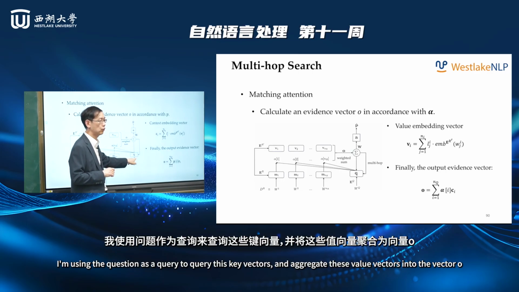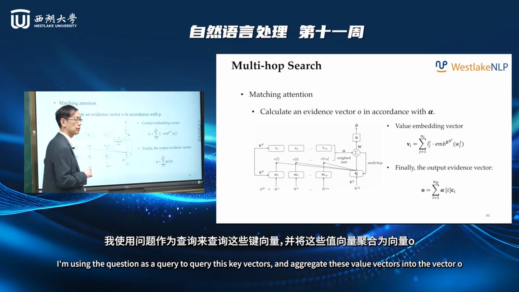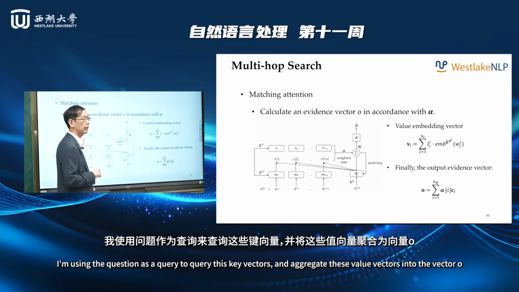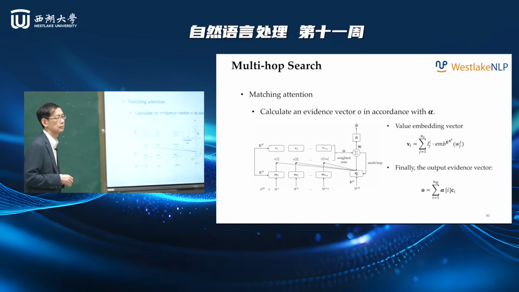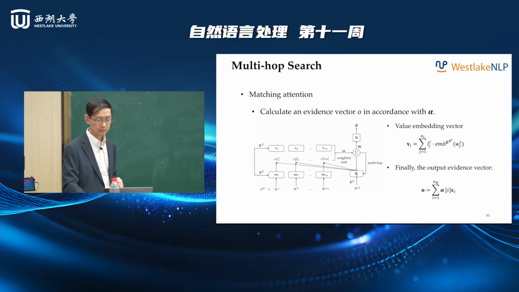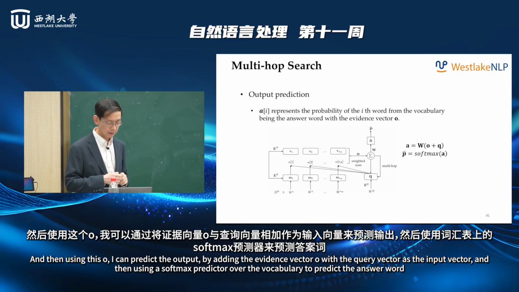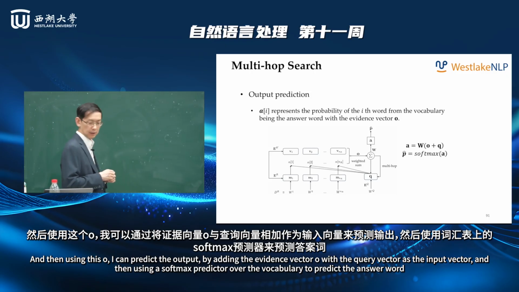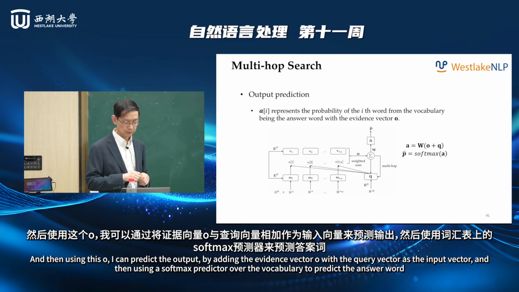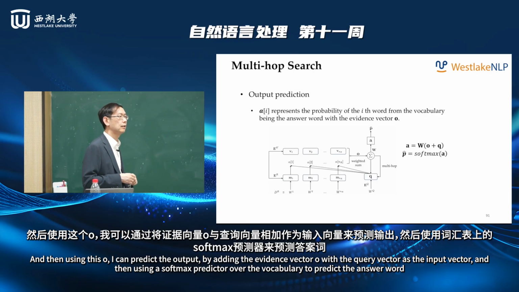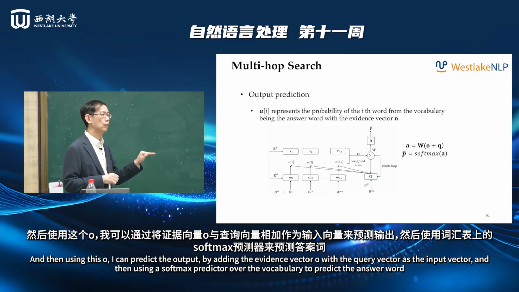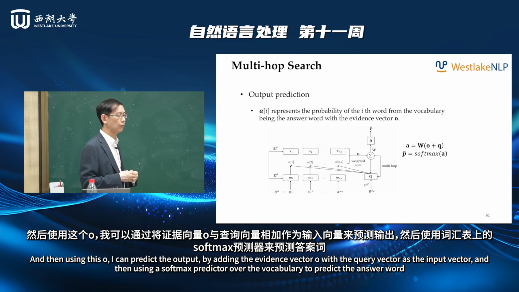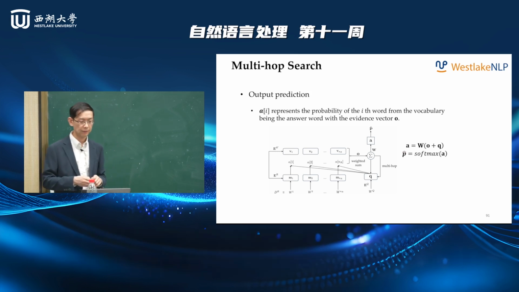I'm using the question as a query to query these key vectors, and aggregate these value vectors into the vector O. And then using this O, I can predict the output, by adding the evidence vector O with the query vector as the input vector, and then using a softmax predictor over the vocabulary to predict the answer word. So this is one hop.